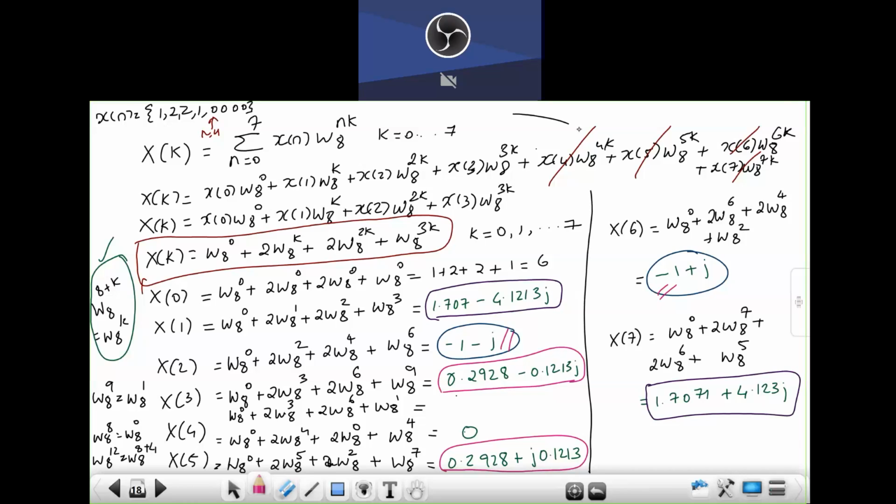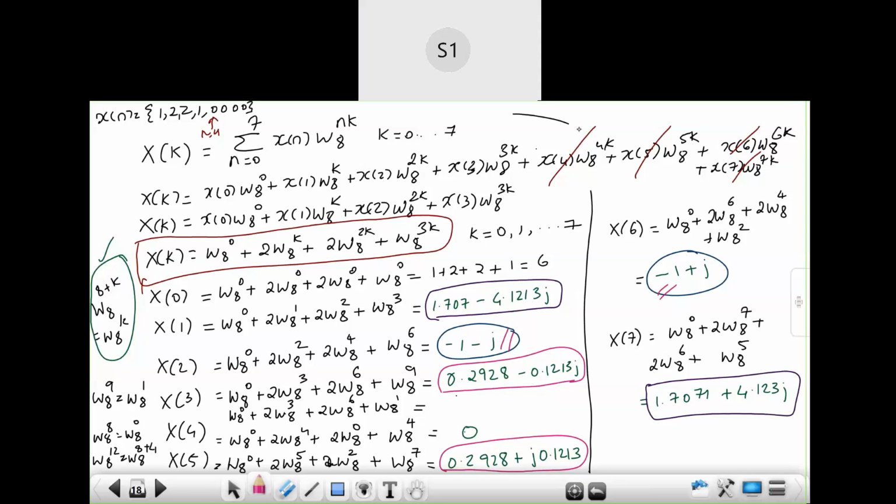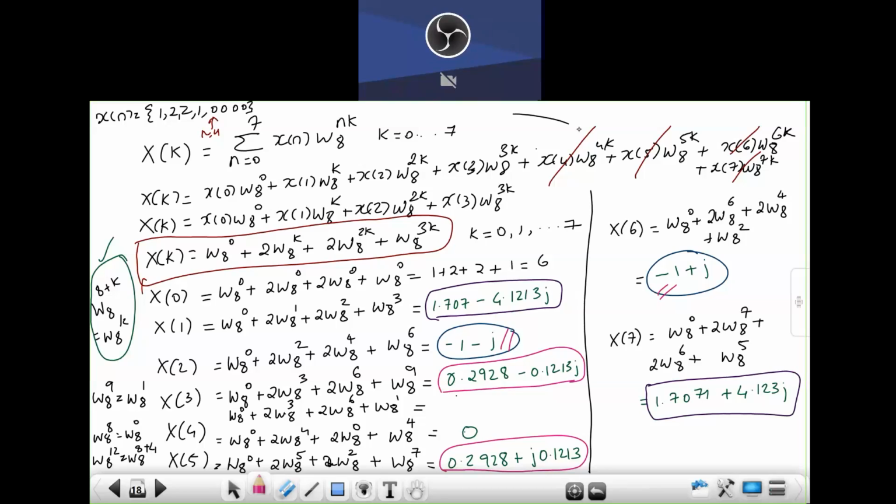Madhushri, have you finished copying? Okay. I hope all of you have written it. Hello. Yeah, Madhushri, I could hear you. Good. Fine. Thank you.